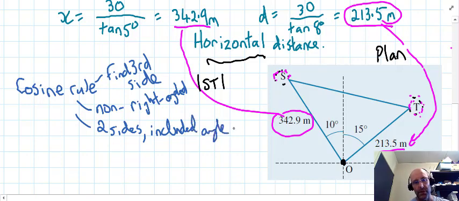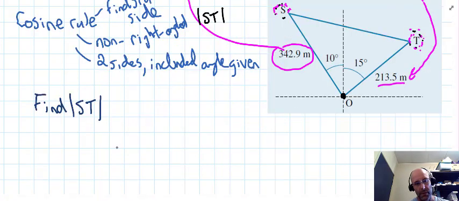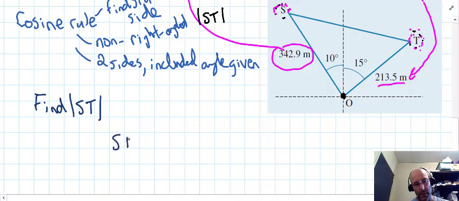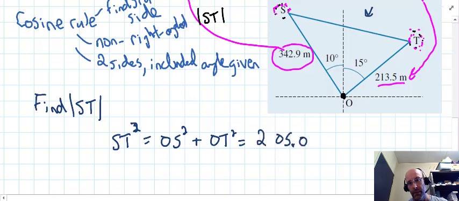So we're going to find the length of the side ST. I'm just going to call that ST. So using the cosine rule and this diagram here, ST squared equals OS squared plus OT squared minus 2 OS times OT times cos of the angle SOT.